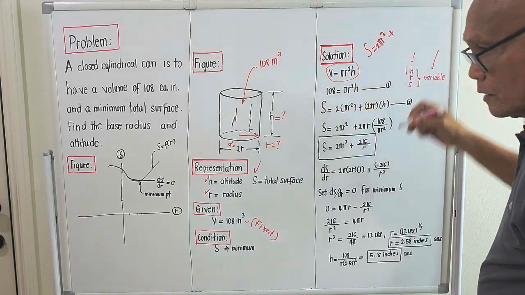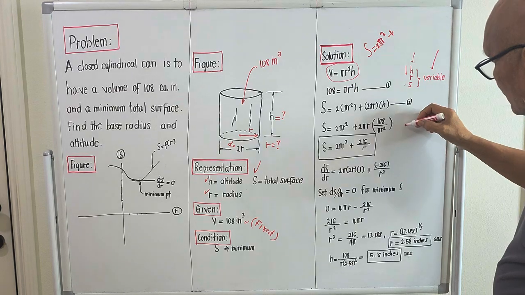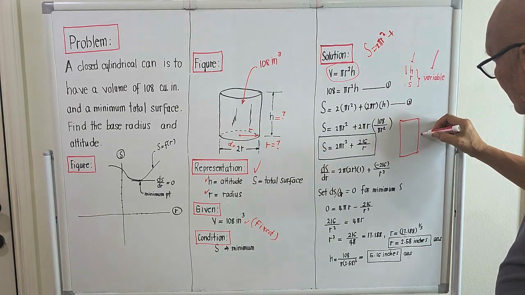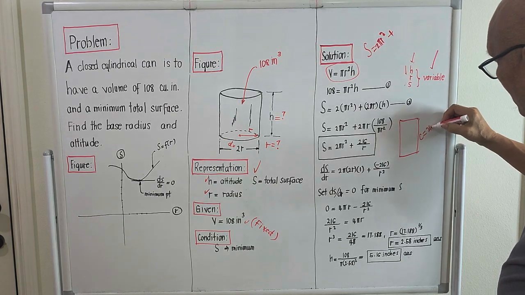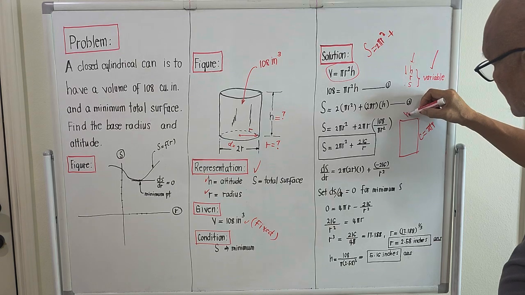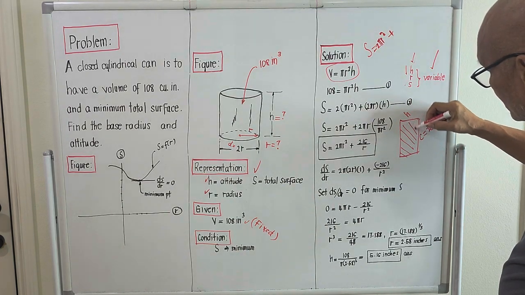Plus, the area of the curved surface. If we try to draw it, the circumference is 2 pi r, and this is h. So the curved surface around the cylindrical can will be this.